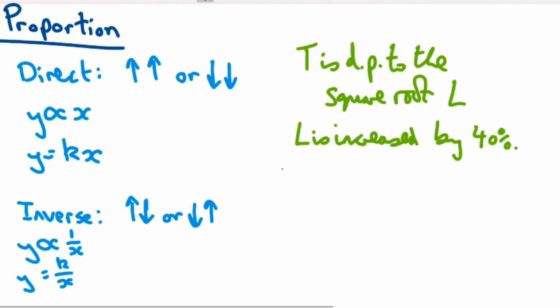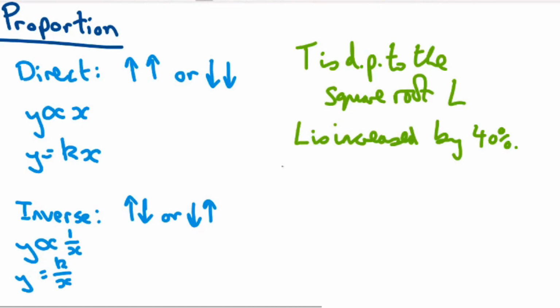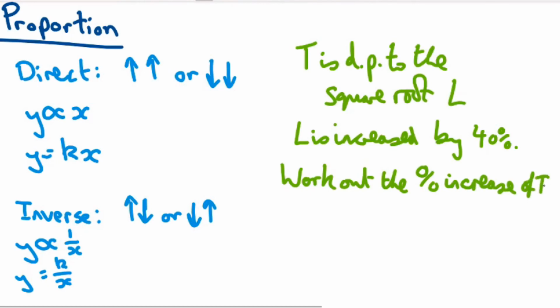Work out the percentage increase. Now, this question is slightly different to what you have been doing already, because the question hasn't given you any numerical values for T or L. So what I'm going to suggest you do here is keep it in terms of T and L, just try to construct the equation as you usually would, and then consider just in terms of algebraic letters and their coefficients, what would L become if it's increased by 40%?